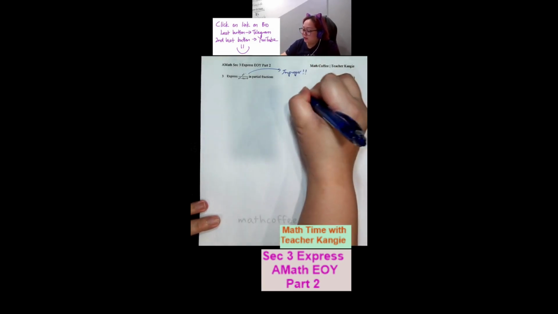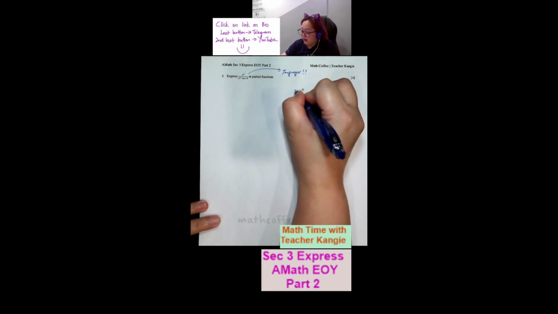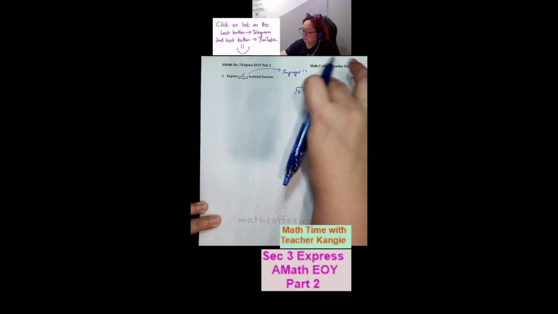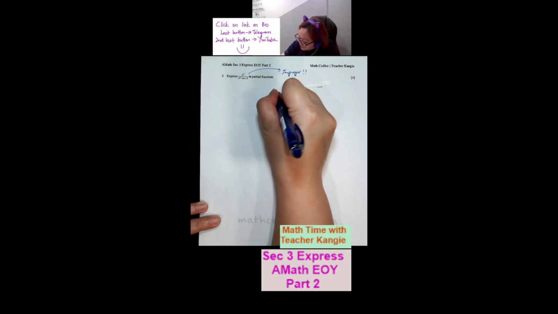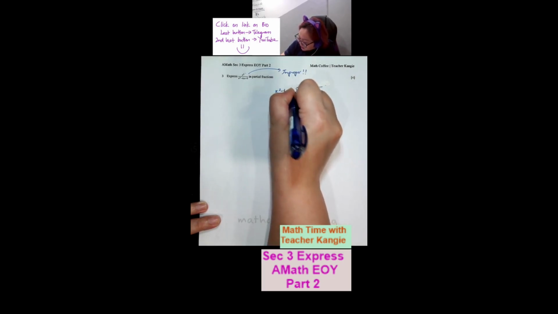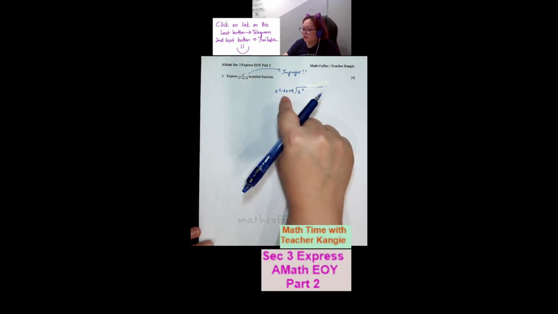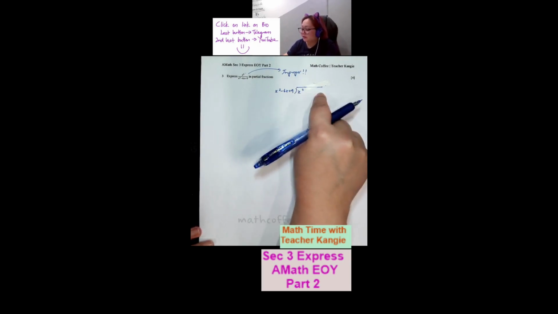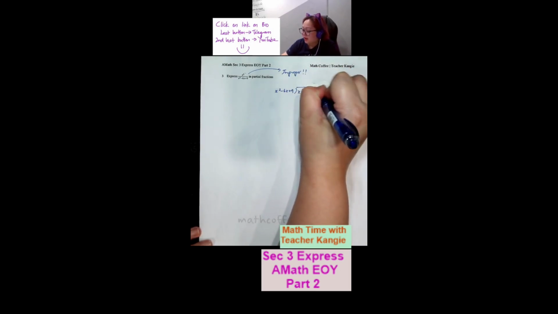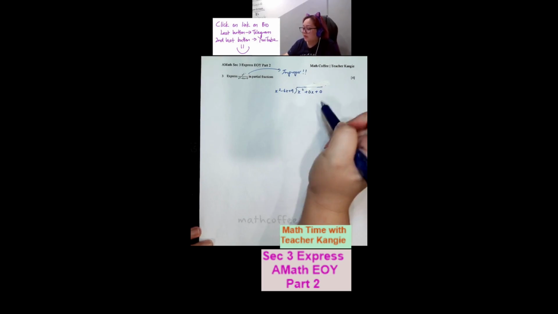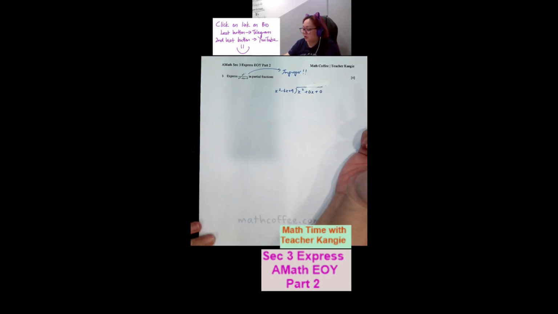So now this one, x squared, I need to divide it by x squared minus 6x plus 9. Then student, wow, how to divide? So what I need to do is, you see, here I got missing terms. So I don't have x, I don't have constant, so I put plus 0x plus 0. Then now it's easier for me to do the long division.